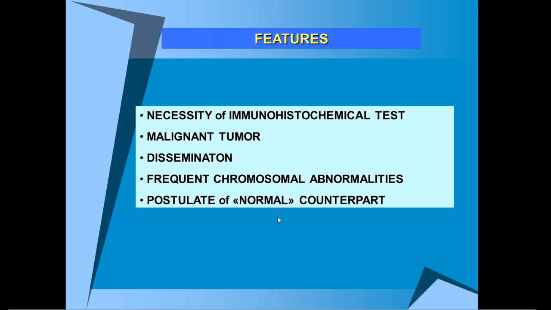And according to the name of this counterpart, we have the name of the hemoblastosis. This way of naming the group of tumors actually makes our life easier, so we can easily understand how each tumor should be named.